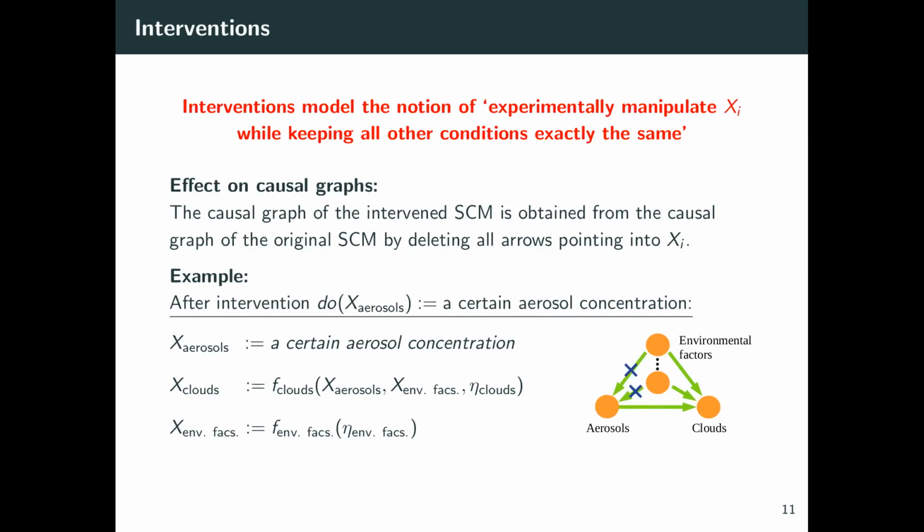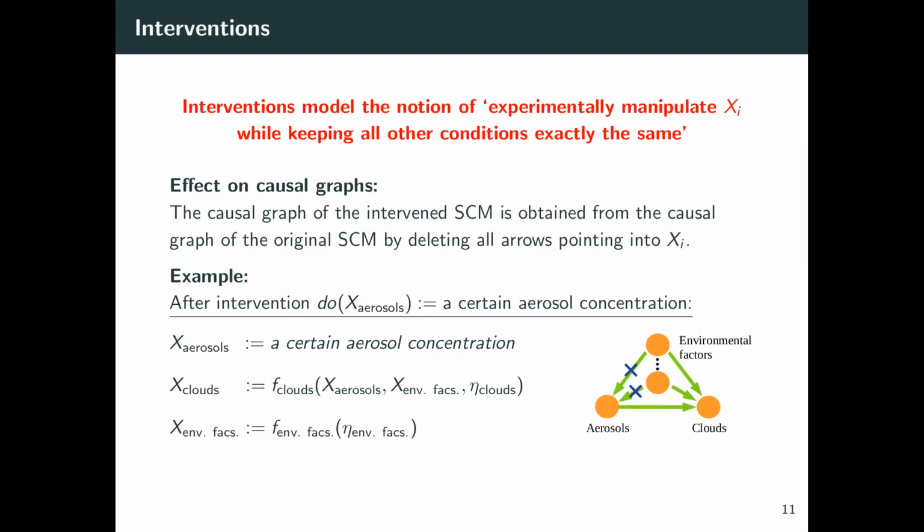Namely, we would replace the equation of aerosols here, kind of delete whatever functional relation was determining aerosols before, and set it to some aerosol concentration. So this happens when you intervene, experiment, and set the variable to some level.